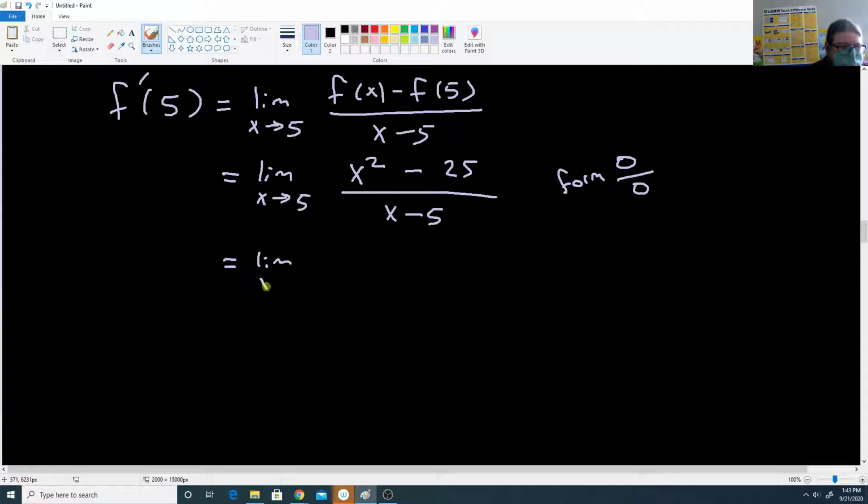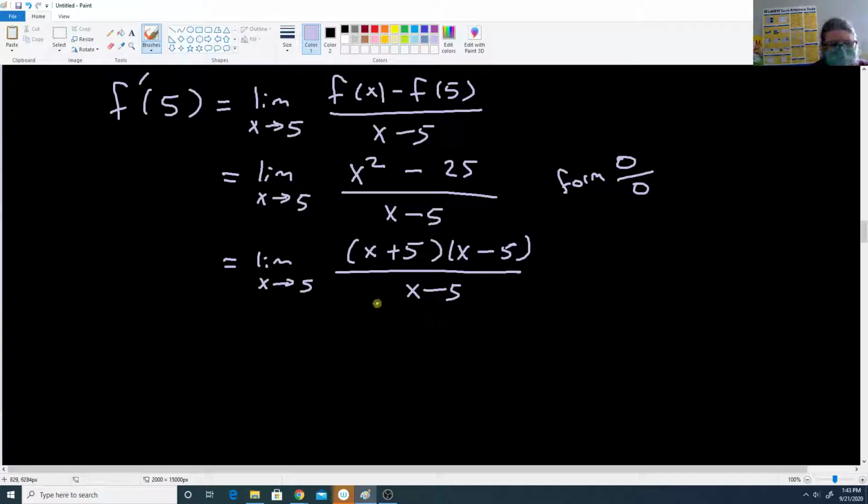That would be the limit as x approaches 5 of x squared minus 25, which factors as x plus 5 times x minus 5, all over x minus 5. The x minus 5s can cancel.